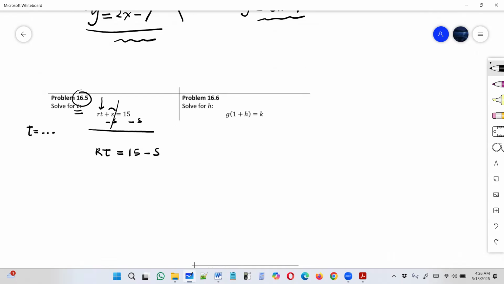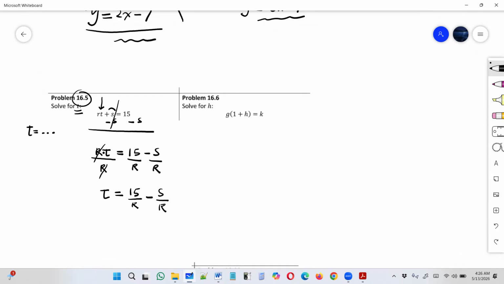Now because I'm solving for T, I have to get rid of the R by dividing both sides by R. And again, do it this way. In this case, it does not matter because the R doesn't cancel with anything in the numerator. But I'm going to be left with T equals 15 over R minus S over R. Now, in this case, this is fine.